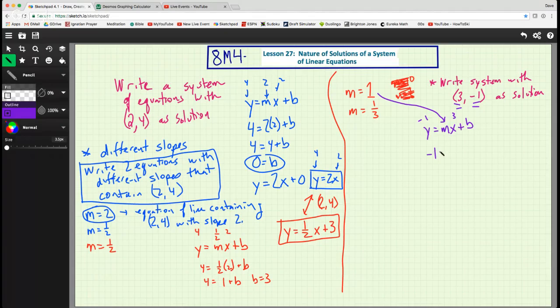So -1 equals 1 times 3 plus b. So -1 equals 3 plus b. So b equals -4. I did that in kind of 2 steps in one. So m is 1, b is -4. So my first equation is y equals 1x minus 4.